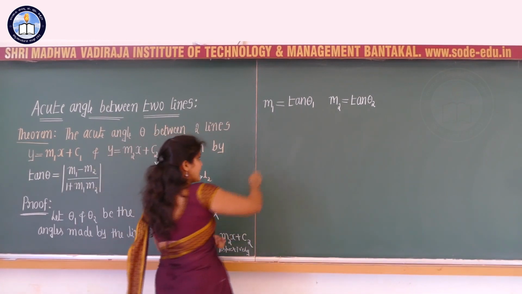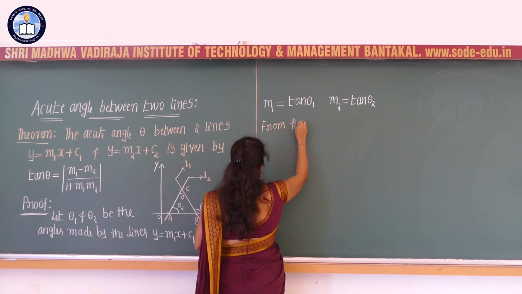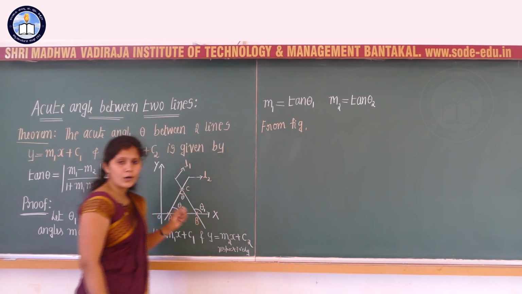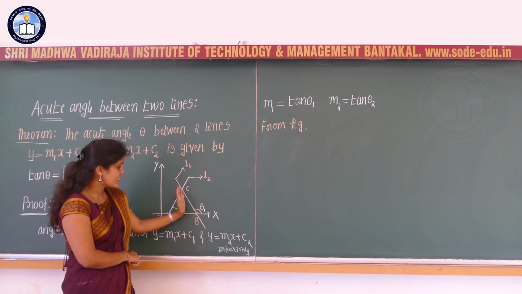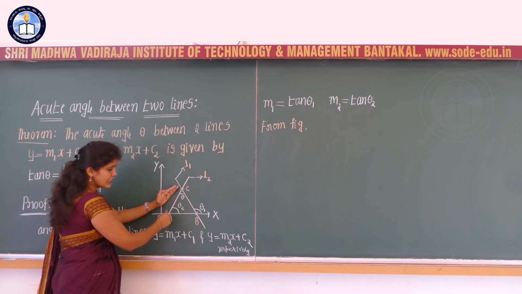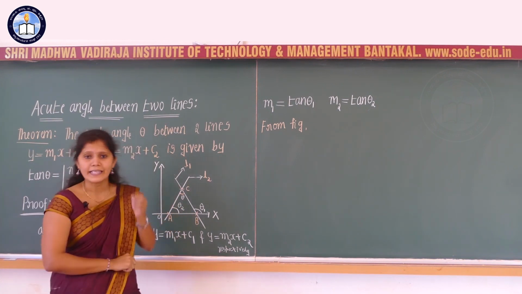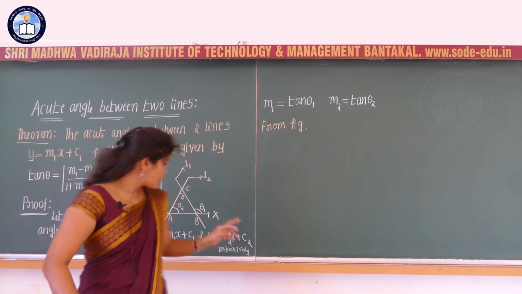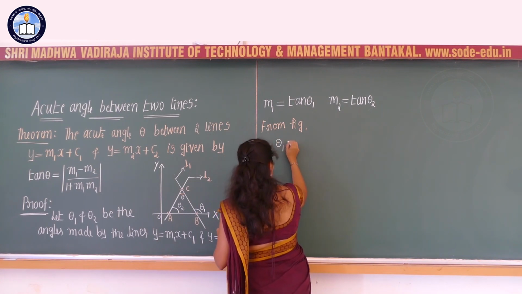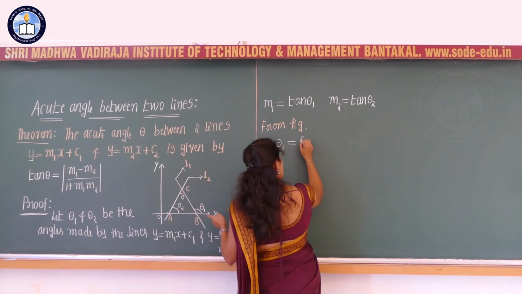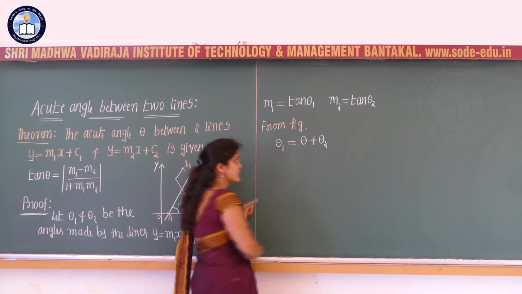So from the figure, do we know any of the results? From the figure or by using the property of the triangle, we can say that theta 1 is an exterior angle, right? So theta 1 is nothing but the exterior angle. This theta and theta 2 are interior angles of the triangle. So from this figure I am going to write this result: theta 1 is equal to theta plus theta 2. How is it possible to write this expression?